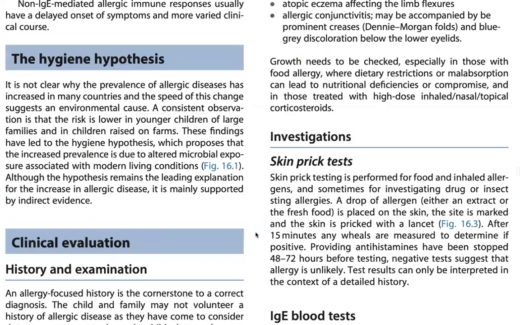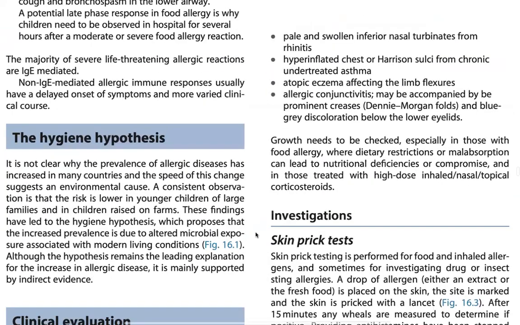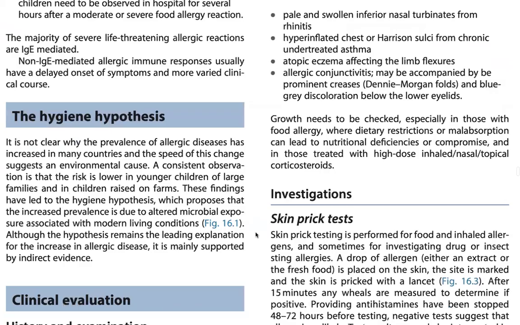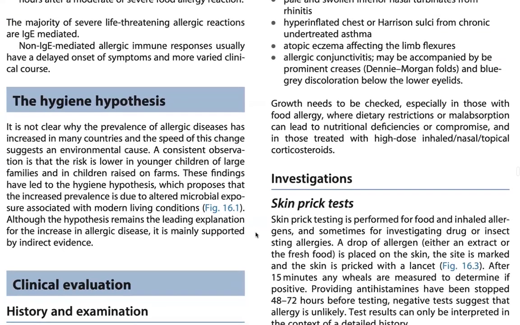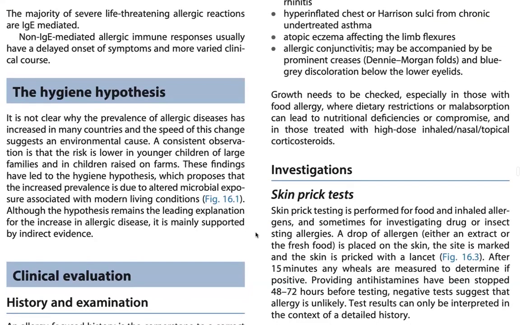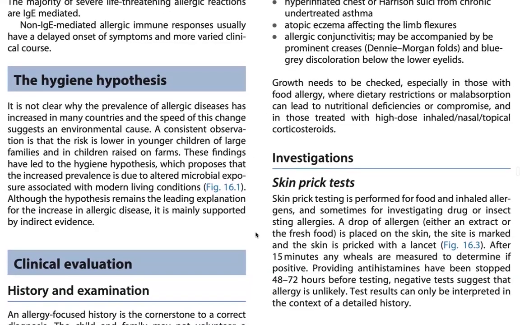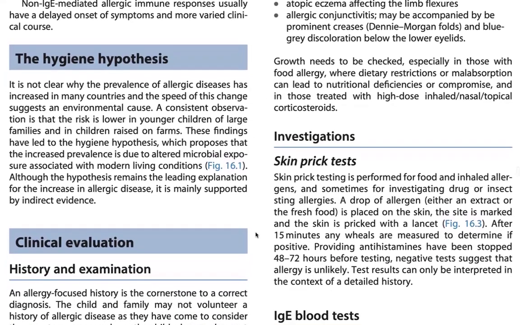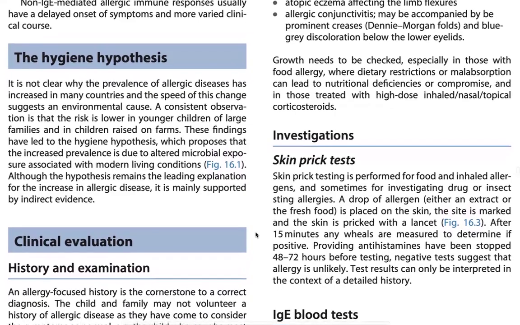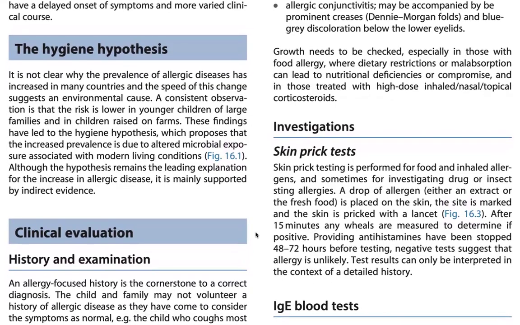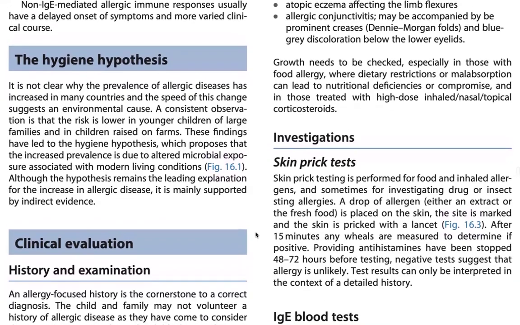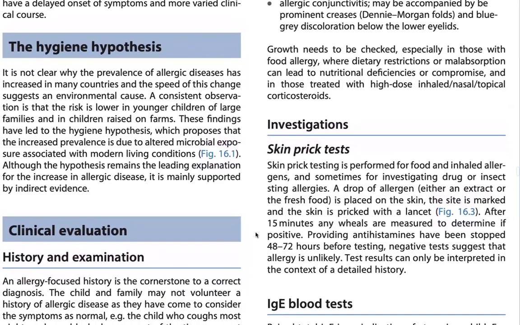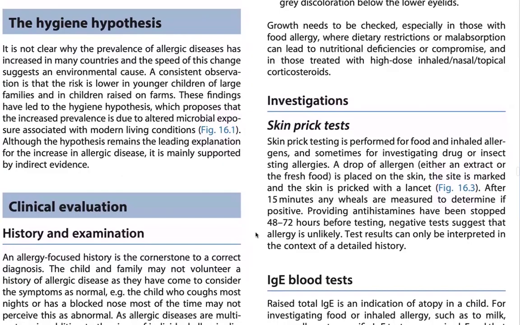Other signs include pale and swollen inferior nasal turbinates from rhinitis, a hyperinflated chest or Harrison's sulci from chronic untreated asthma, and atopic eczema affecting the flexures. Allergic conjunctivitis may be accompanied by prominent Dennie-Morgan folds and puffy expression below the lower eyelids.